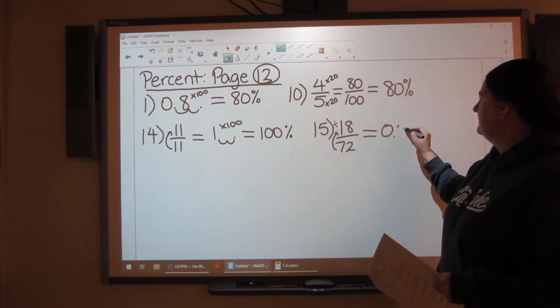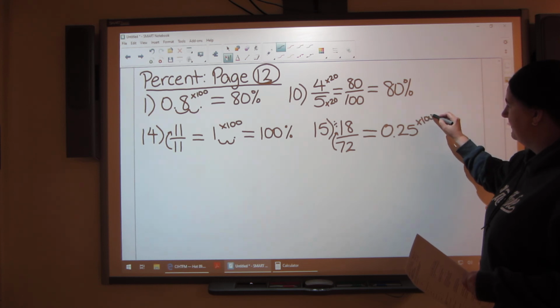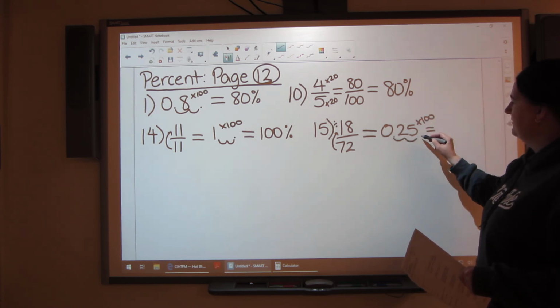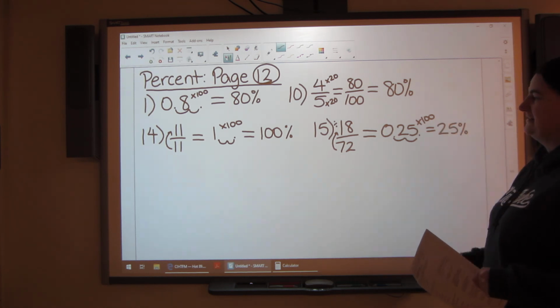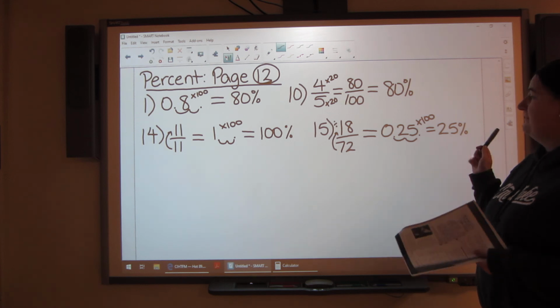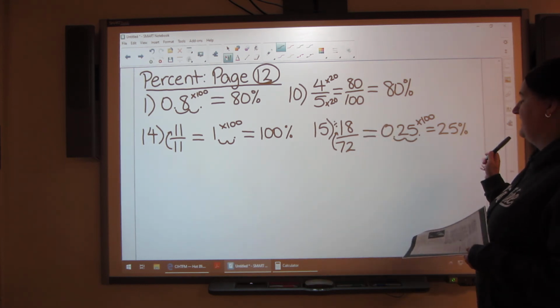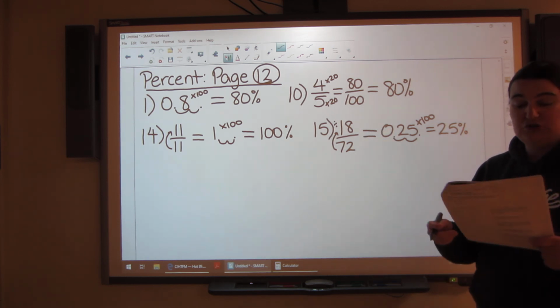So 0.25, don't forget I still need to multiply by 100. So I'm going to move that decimal 2 spots over so that I end up with 25%. So that means that 18 over 72 is 25%, or 18 is 25% of 72.